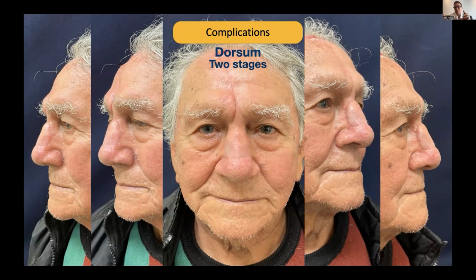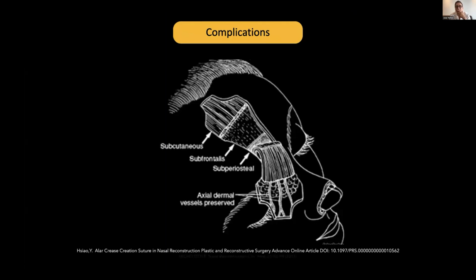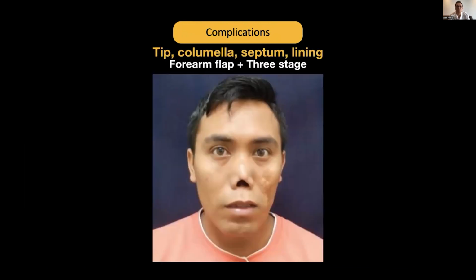It's important to do a second procedure to thin the flap. This is the example of how we do it, because we use just the middle of the flap, you're going to have the galea also. But when you reconstruct the tip, the ala, you use the subcutaneous dissection of the flap in the distal dissection of the flap.